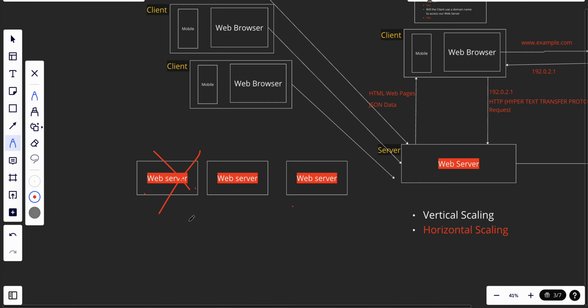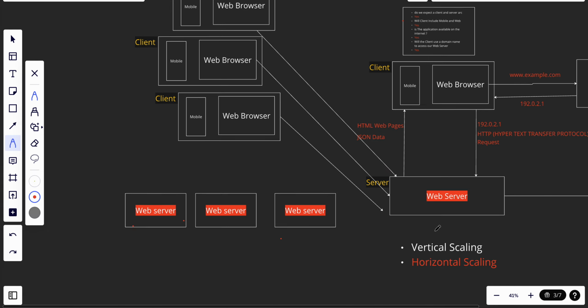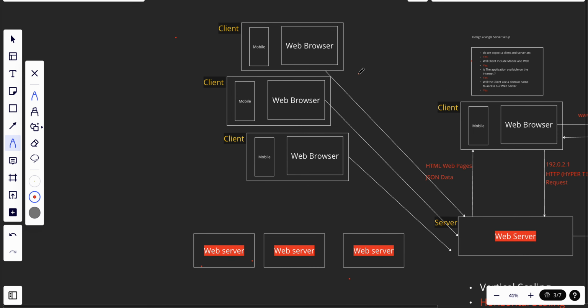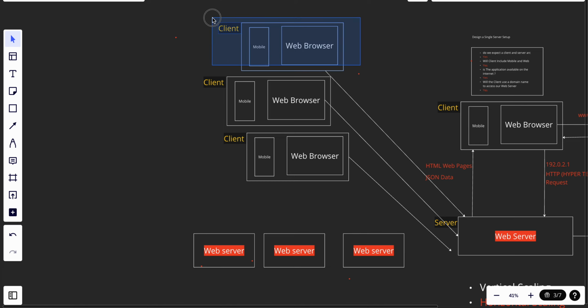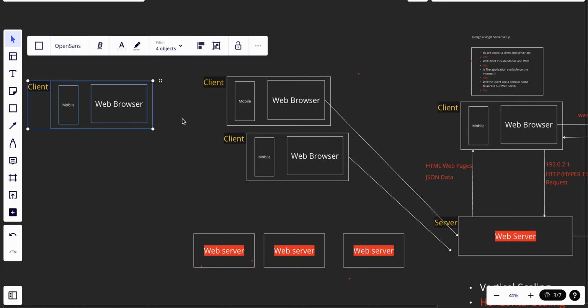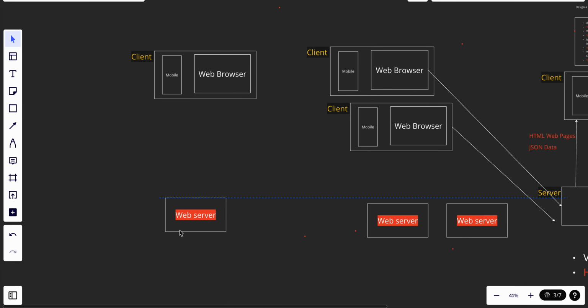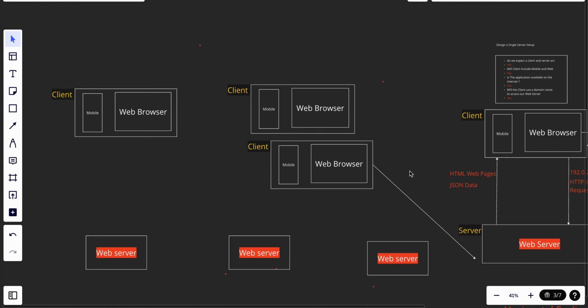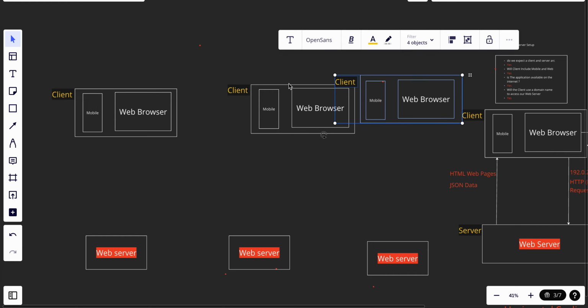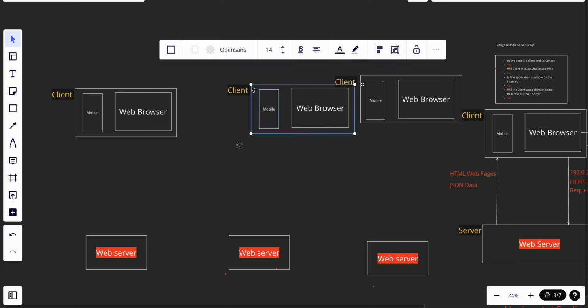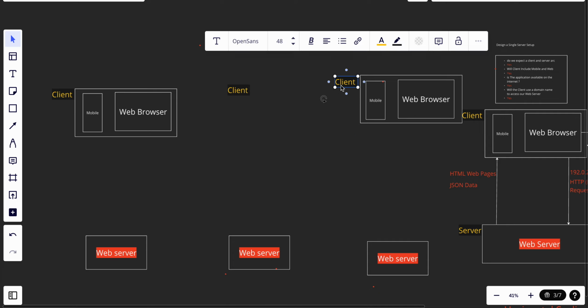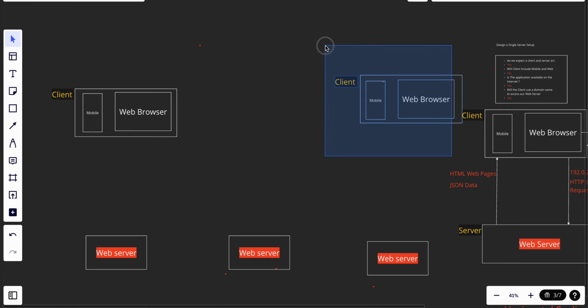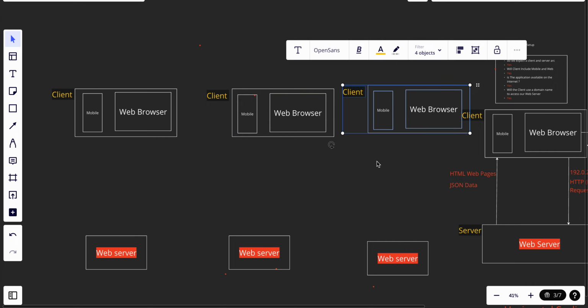And for our example, we have right now four web servers. Let's put them here.